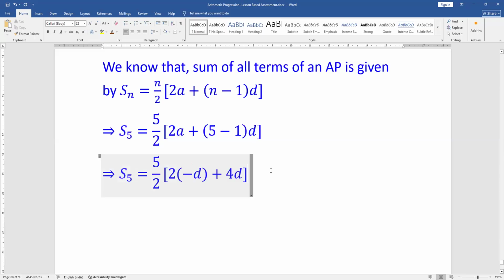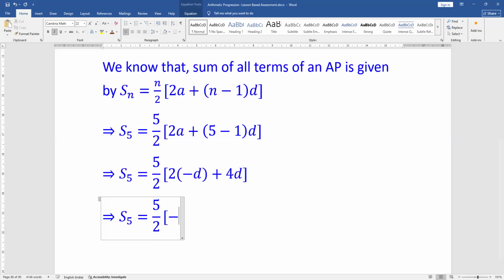In my next step, I write S5 on the left hand side, and on the right, 5 by 2 into bracket open, minus 2D plus 4D, bracket close.